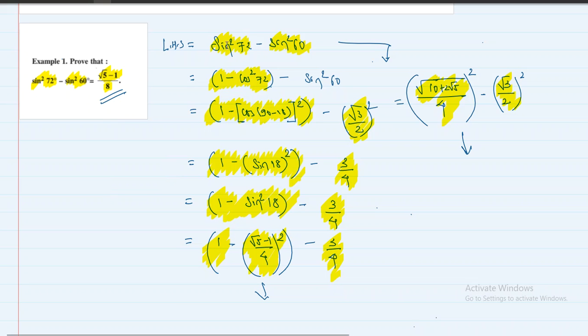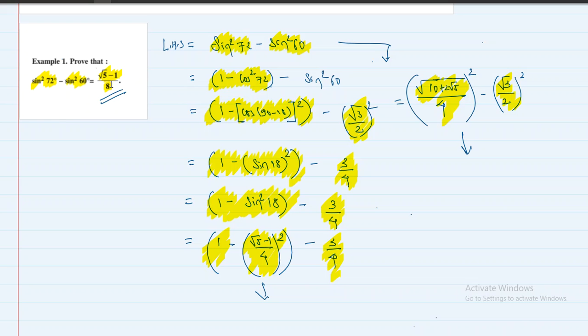Or I can simply put the value of sin 72 here, square it, minus root 3 by 2 the whole square, simplify and get the answer. So there are two options. You can pause the video, try both of them or one of them. In similar kinds of questions, you can memorize the values.